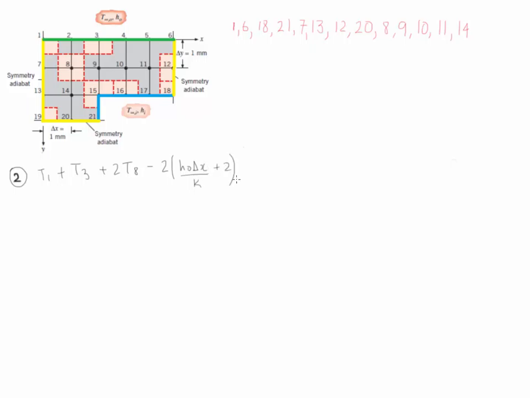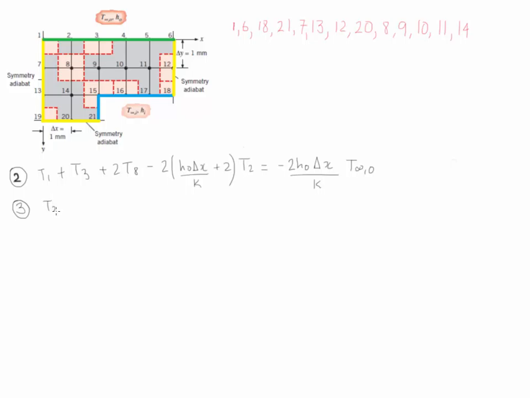2 times (HO delta X over K plus 2) times T2 is equal to minus 2 HO delta X over K times T infinity O. If we write the similar equation for node 3, the surrounding nodes are going to be 2, 4, and 9.